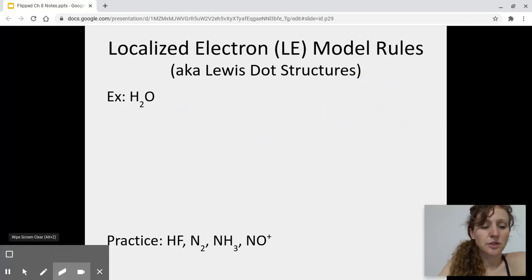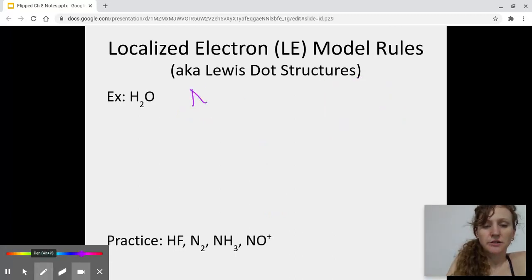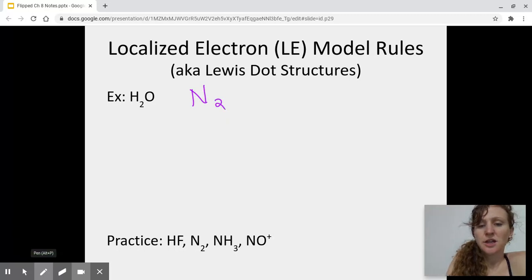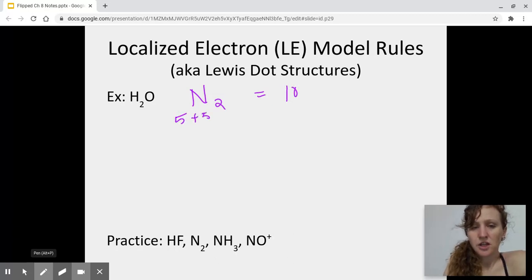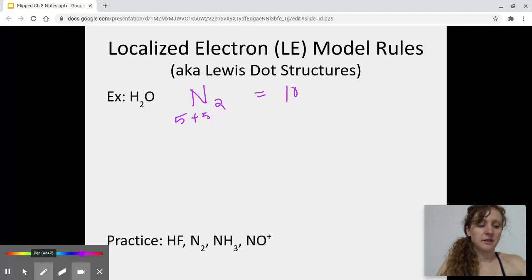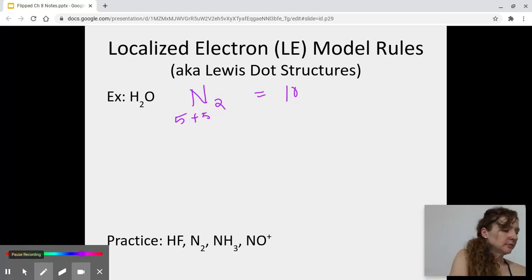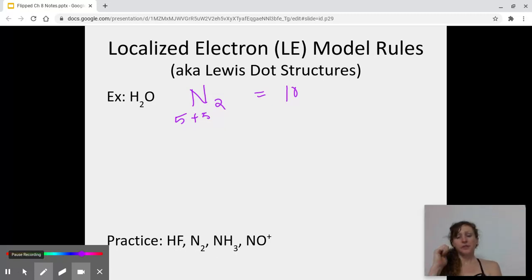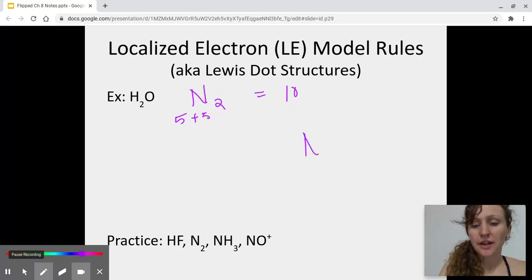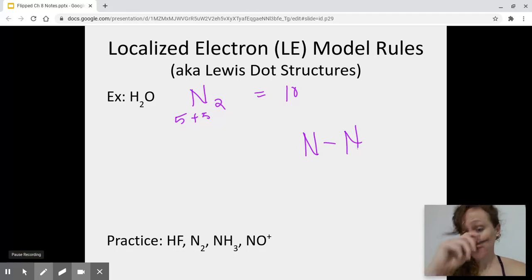Let's do elemental nitrogen. Okay, so nitrogen is going to be 5 plus 5. So I have a total of 10 electrons. Okay, again, I'm not going to have a central atom because I only have 2.